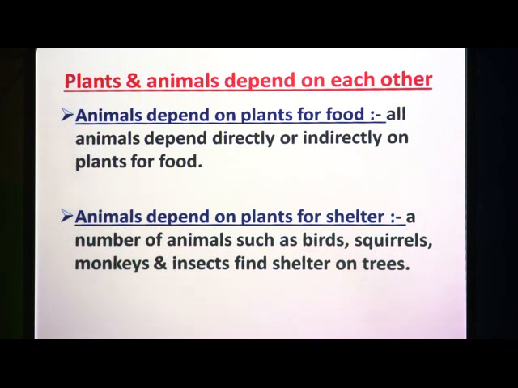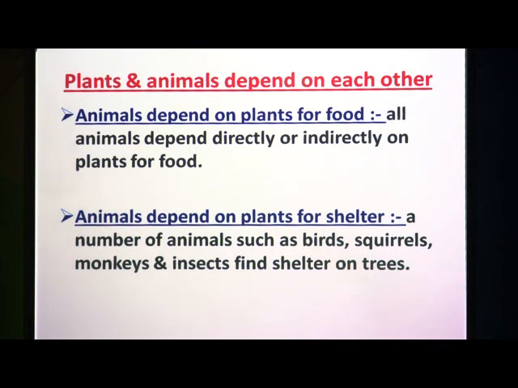Apart from herbivorous animals, some animals eat only the meat or flesh of other animals. For example, carnivorous animals such as tigers, lions, and wolves eat other animals, that is, herbivorous animals such as cows, goats, and giraffes, which eat plants.